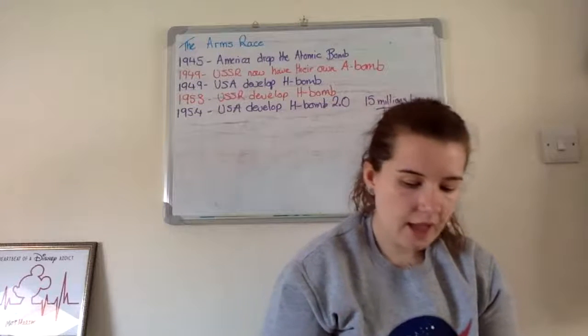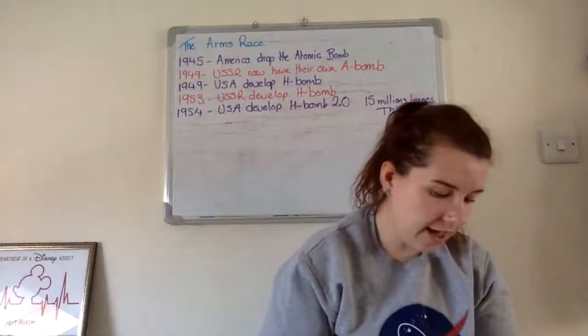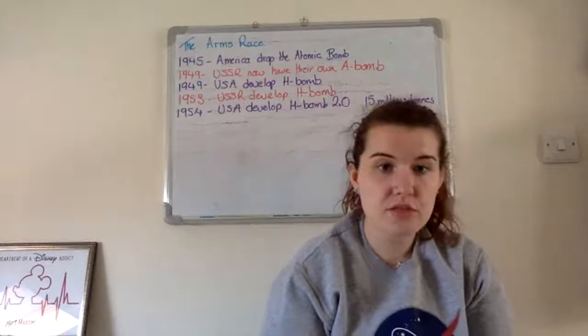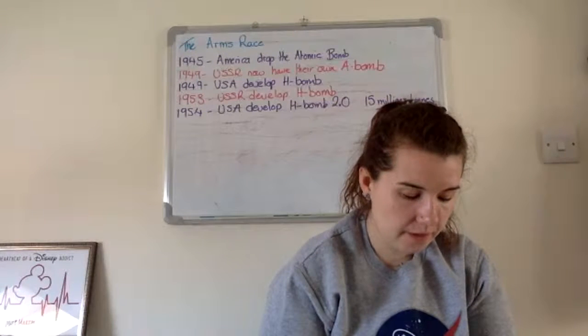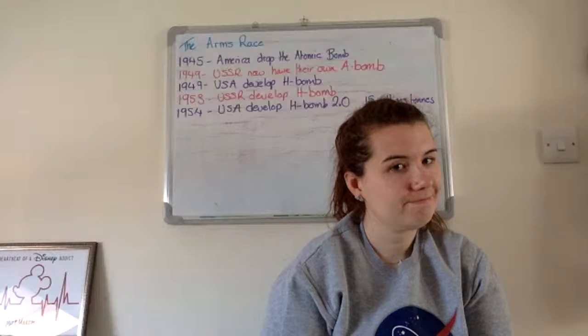is that this table here, I will show it you just on camera, is the different ICBMs. America claimed in 1961 to have 63. Russia put the number 50 plus. All right.